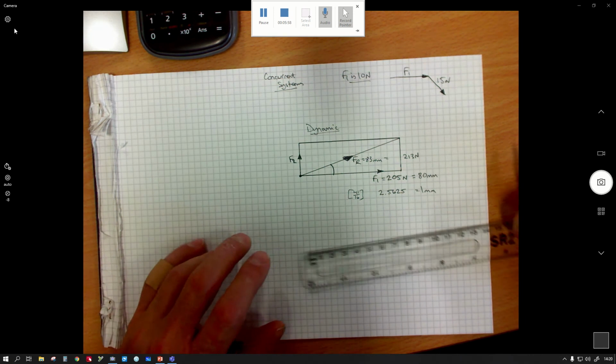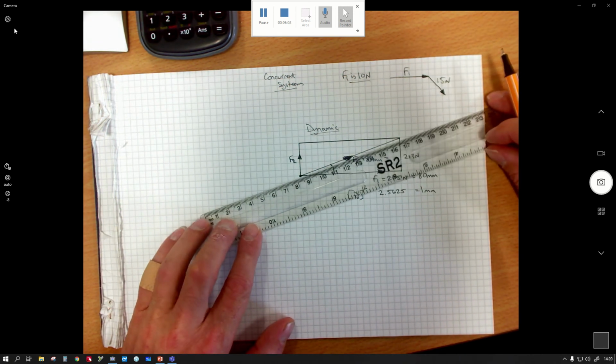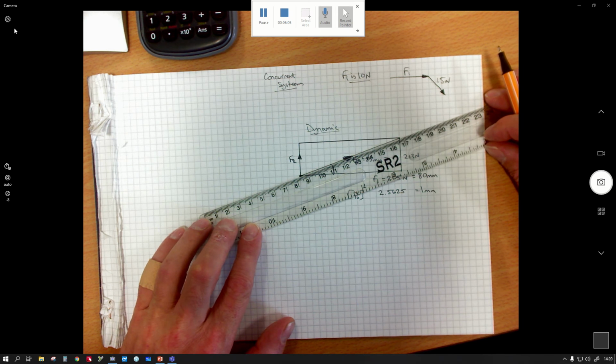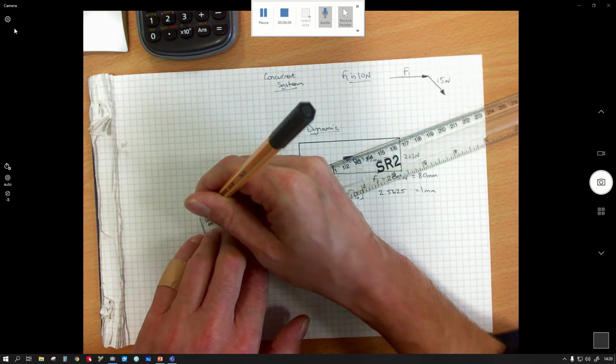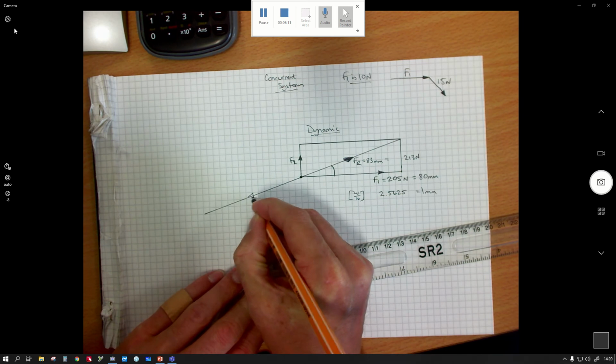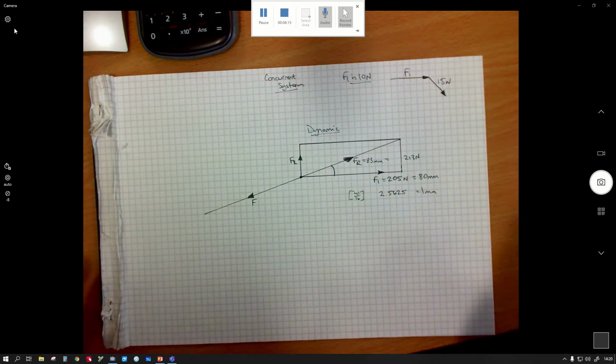If the structural engineer then designs in another force of 83 newtons at the same angle but going the opposite way, so FR doesn't really exist.